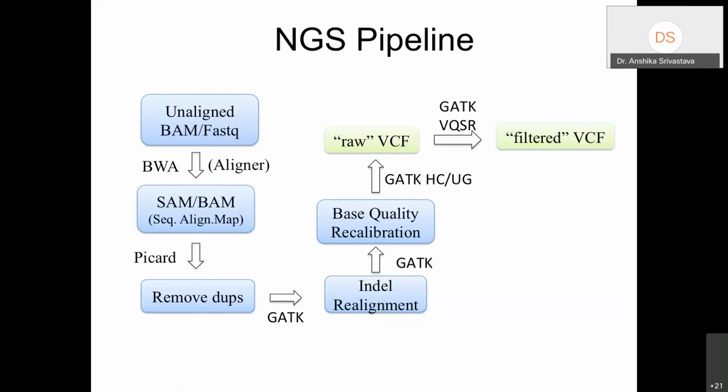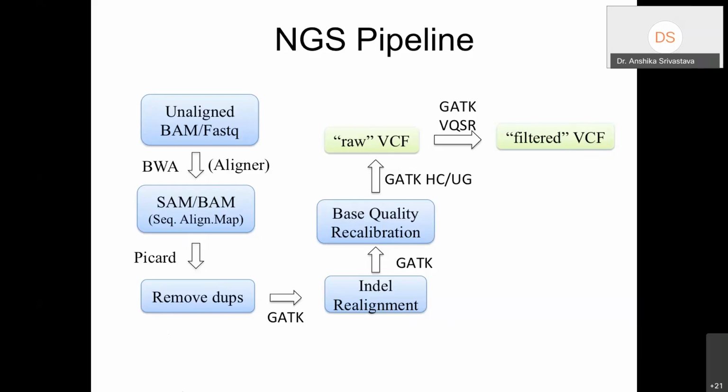GATK is another calling tool that does the indel realignment, that is insertion-deletion realignment, and base quality recalibration, meaning all the nucleotides will be calibrated for whether they are true positive versus false positive. Then there is the haplotype caller, unified genotyper, and then we get the raw variant calling format.